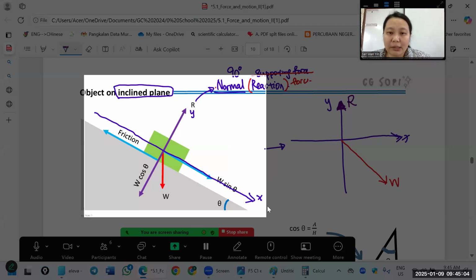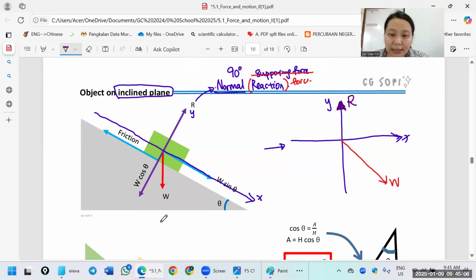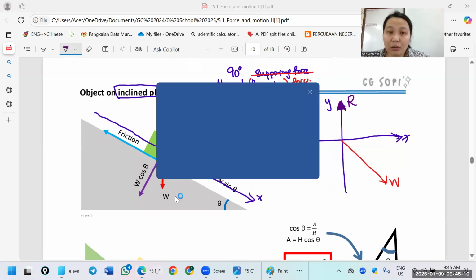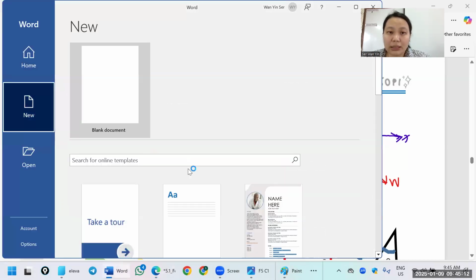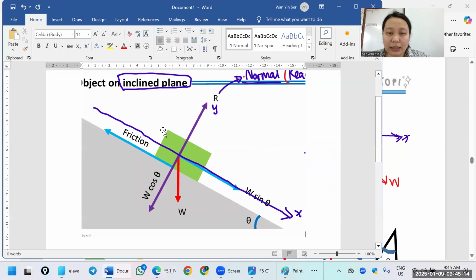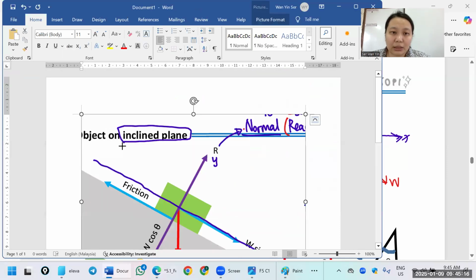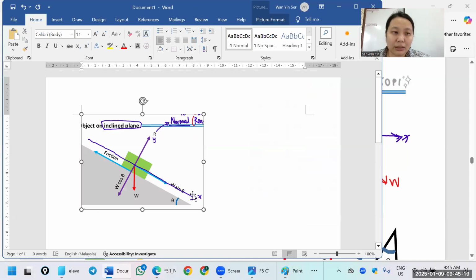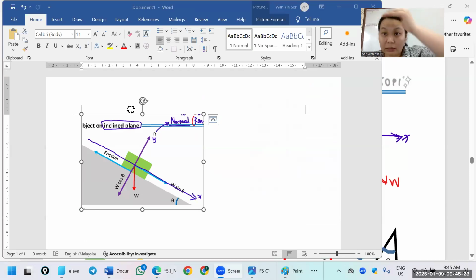Now can you redraw it? Extra marks if you can redraw it. So actually it's like this. See, I rotate it.